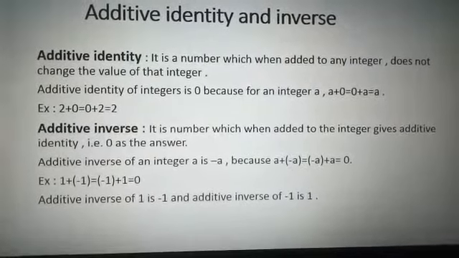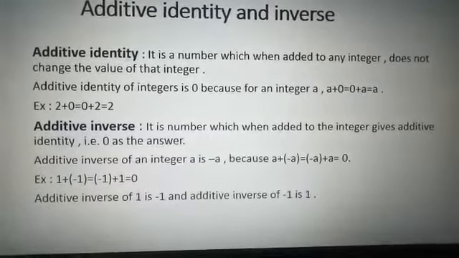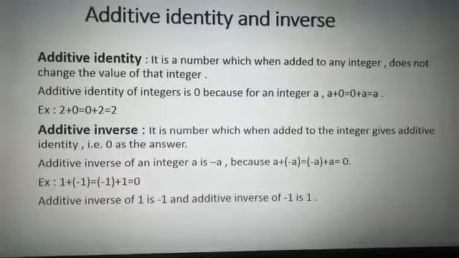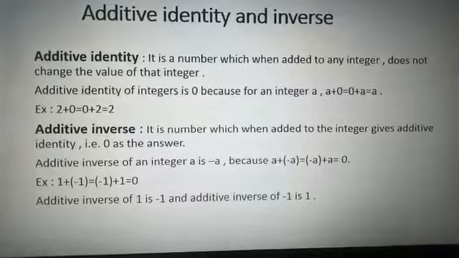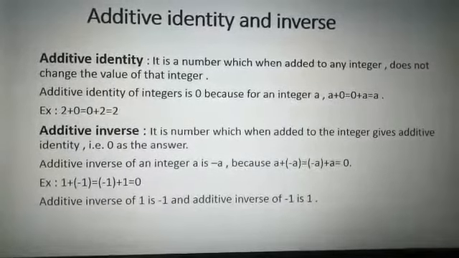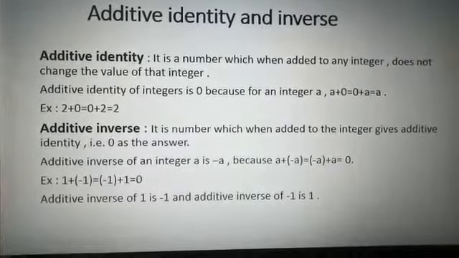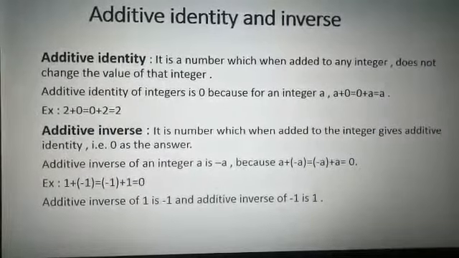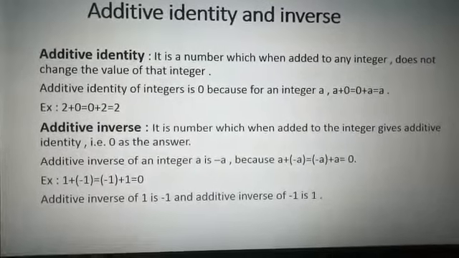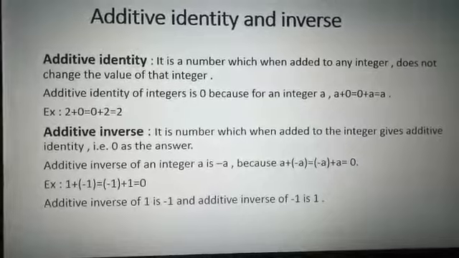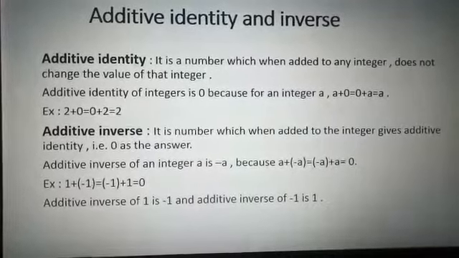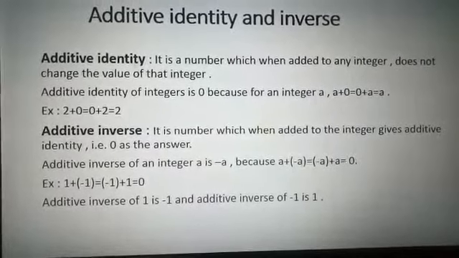Next is additive inverse. Additive inverse means it is a number which when added to the integer gives the additive identity, that is 0, as the answer. Additive inverse of an integer a is minus a. If we take a as a number, then its additive inverse will be minus a.